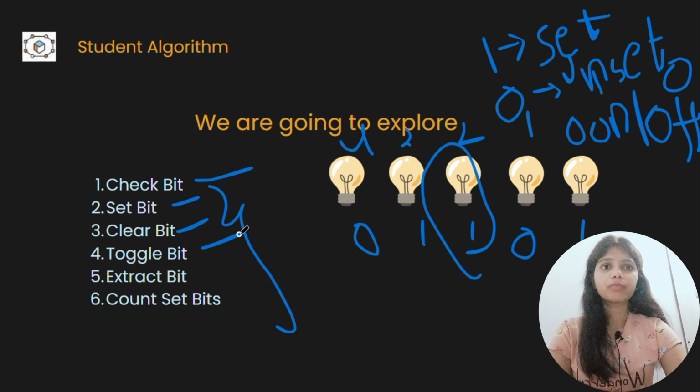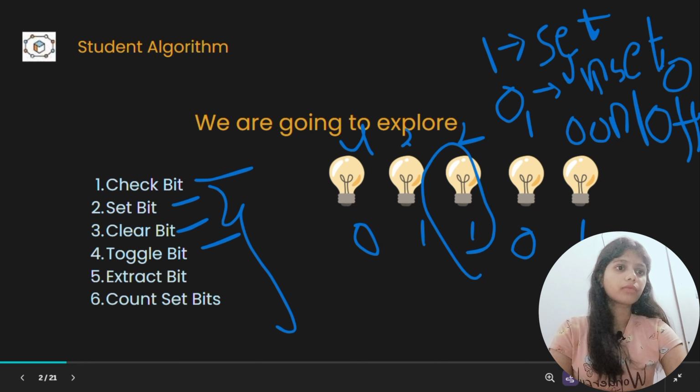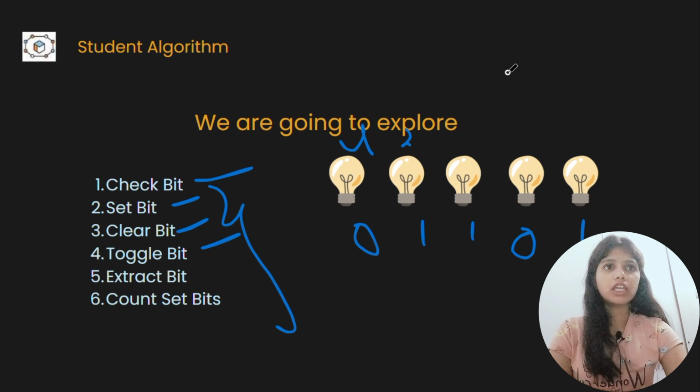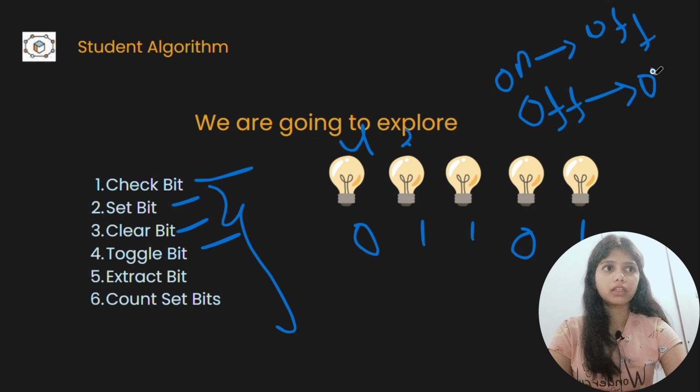Next, toggle bit. Toggling is nothing but, suppose the bulb is on, we need to make it off, and if it is off, we need to make it on.